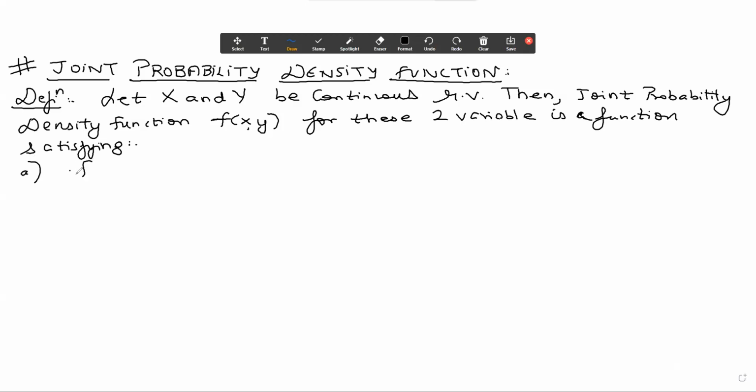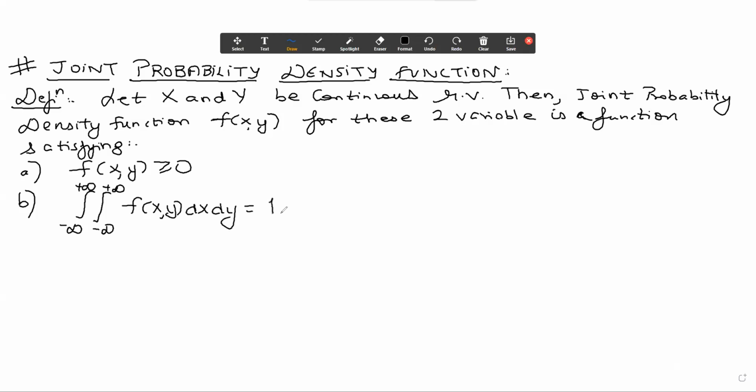First property: f of xy is greater than or equal to 0, the joint probability density function is greater than or equal to 0. And second, integral. Now since we have two continuous random variables, I have two integrations. It's going to be a double integration, from minus infinity to plus infinity, and from minus infinity to plus infinity, f of xy dx dy is exactly equal to 1.